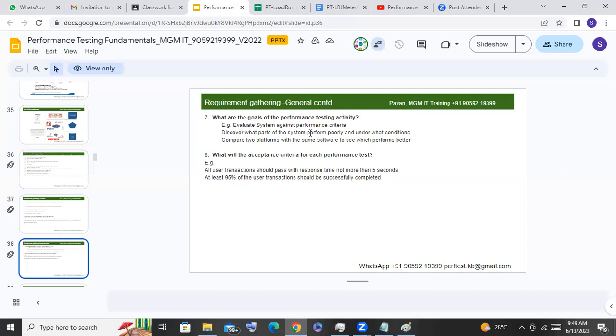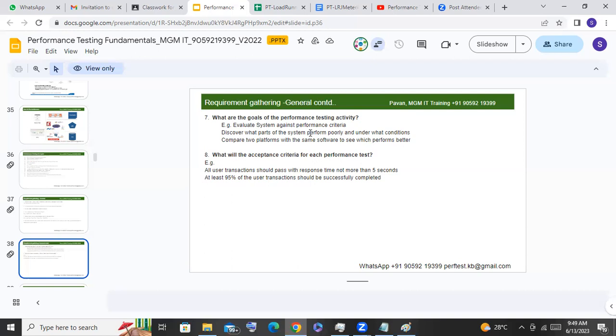So what exactly is the goal, you would have to understand. Maybe the client has a legacy environment and a fresh new environment that they are trying to shift to, and they want to find out what the improvement in performance is, or what problems they would face when they shift to the new environment.